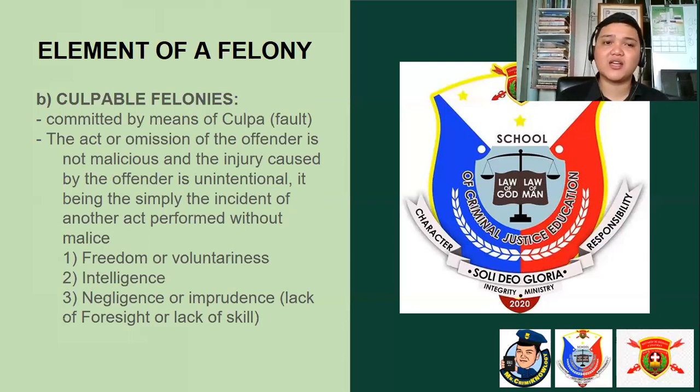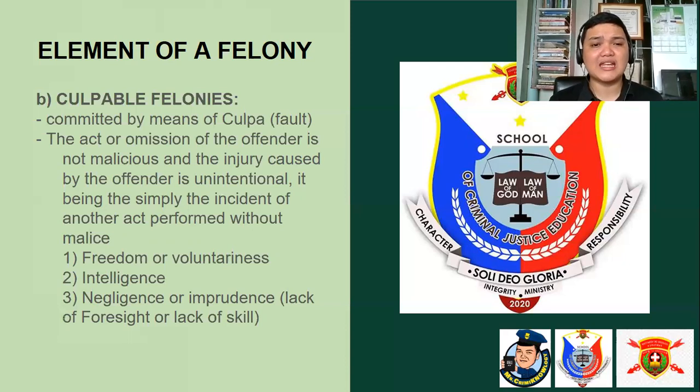So it is a culpable felony if you did some kind of act or omission that you didn't plan to do, you don't have intent to harm or to injure. You have committed or omitted it by means of fault. Number one, of course, the freedom and voluntariness. Without the following, there is no intelligence to do it.